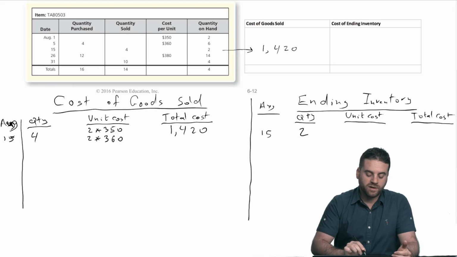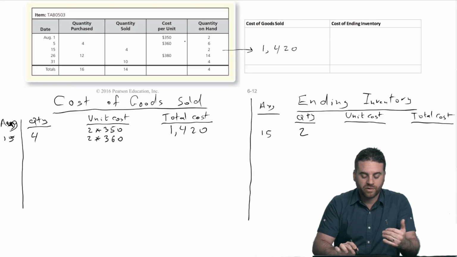Well, let's go back to cost of goods sold. If the first 2 units that were costing me $350 each are already sold out, then I don't have those units anymore. So we cannot use the $350 anymore because this is gone. And then from the purchase we did on August 5th, we purchased 4 units. We sold 2 of them.